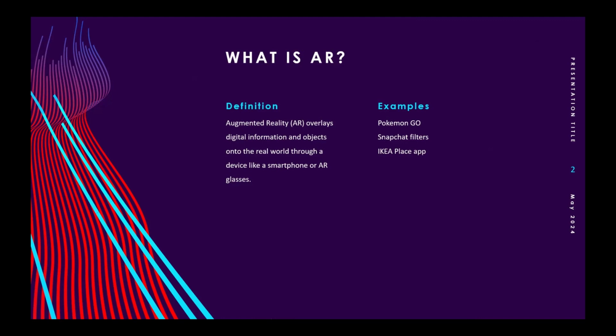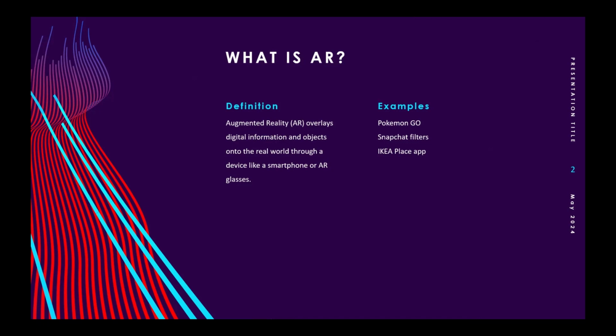We might have come across various games, for example the first game, Pokemon Go. This game is available in the Play Store, so if anybody wants to see it, he or she can go to the Google Play Store, download it and see what exactly augmented reality looks like.